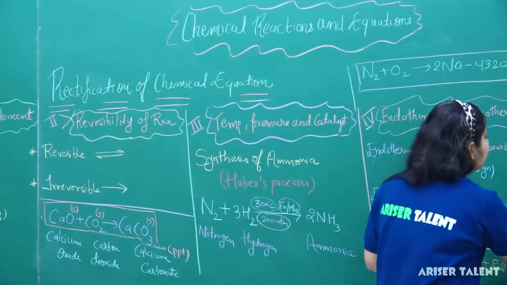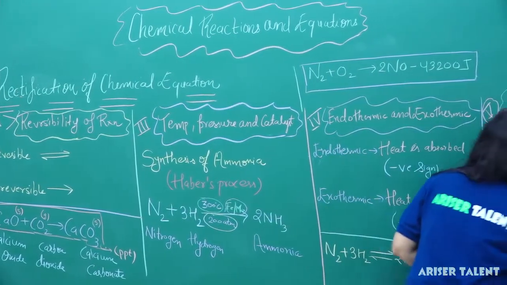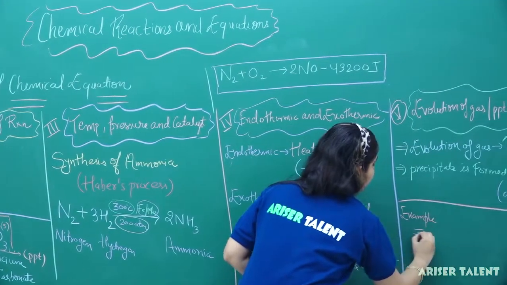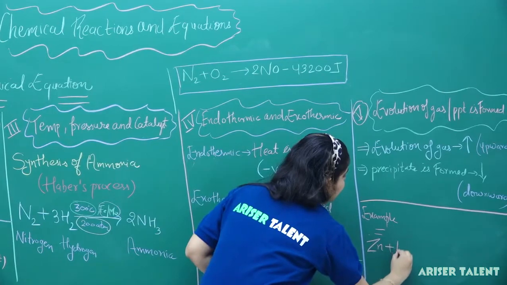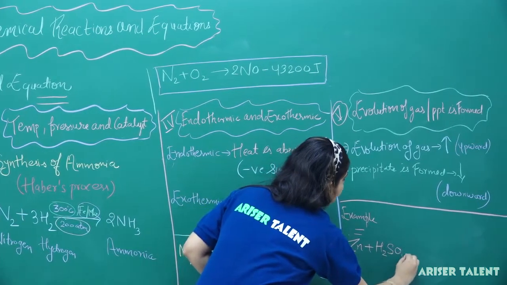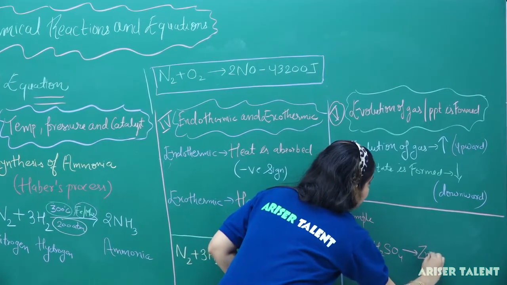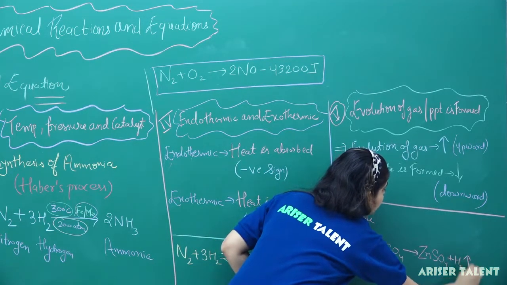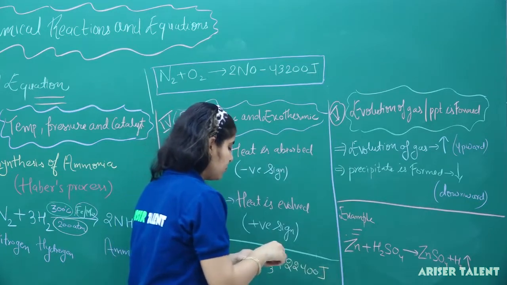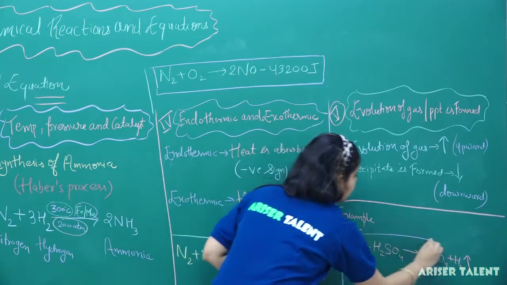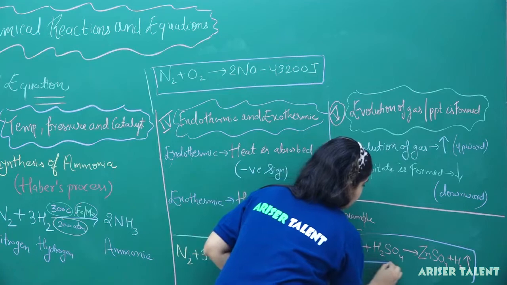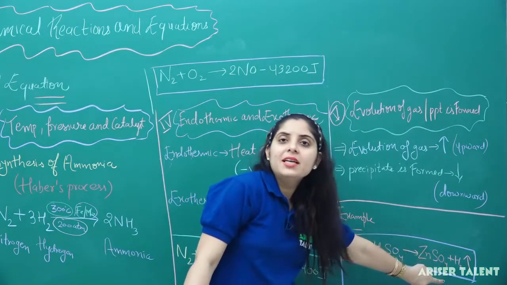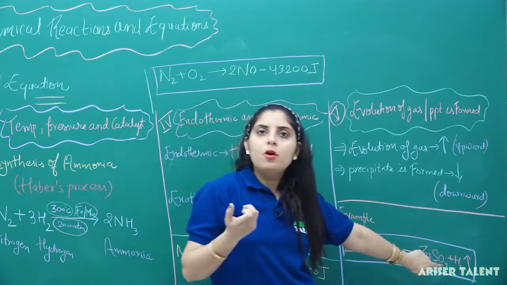So we are again considering an example, for evolution of the gas. We have an example: zinc reacts with sulfuric acid and gives us ZnSO4 plus H2. What you have seen here is that H2 gas is evolved in this process.